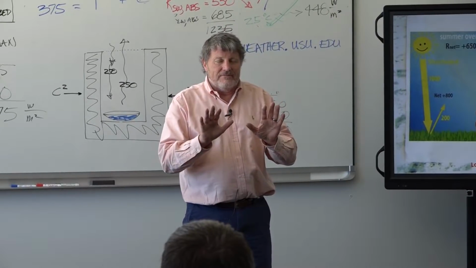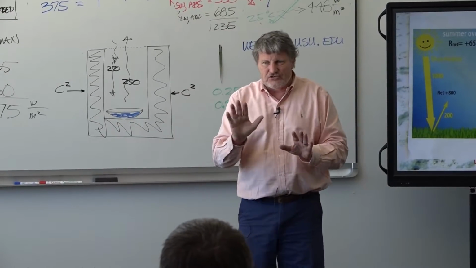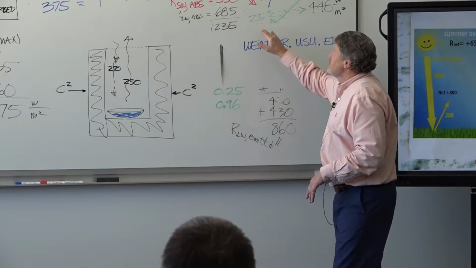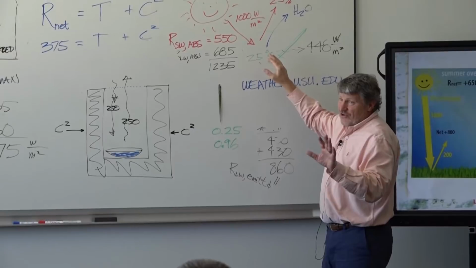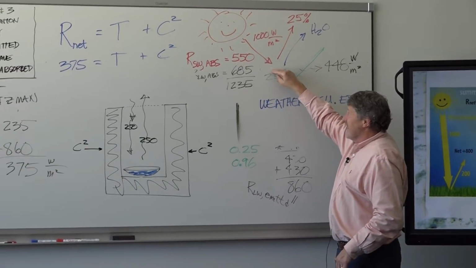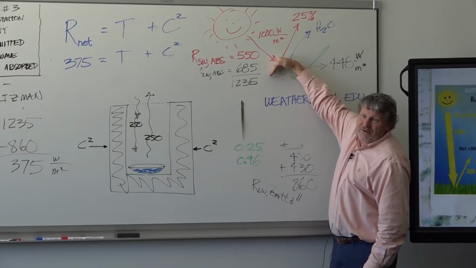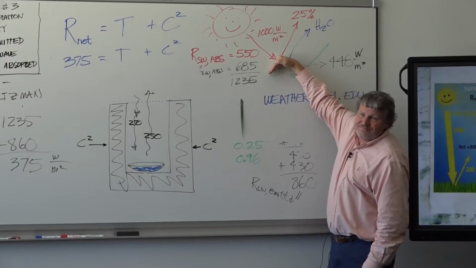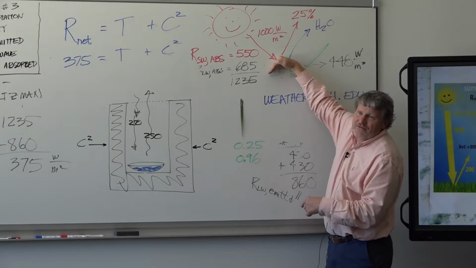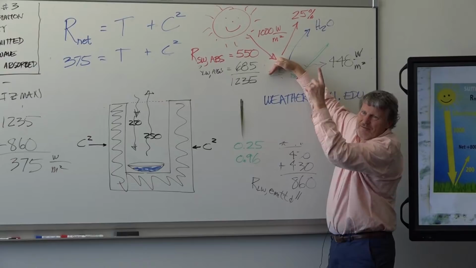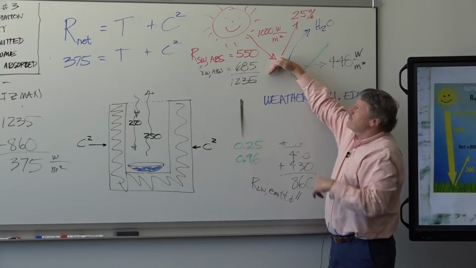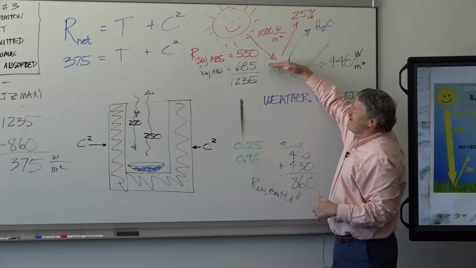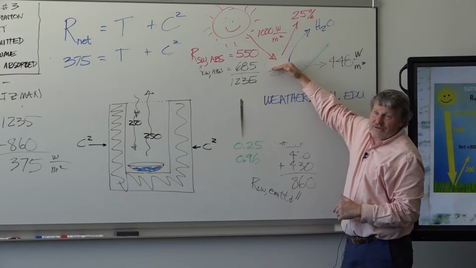Okay, let me add to this answer. We said 1,000 watts per meter squared for this. I actually never thought of this before. That only happens if this leaf is perpendicular to the sun. And the sun is only perpendicular to the ground at the equator at the right time of the year. So I probably should do this example with a flat leaf and an angle, because it wouldn't be 1,000.